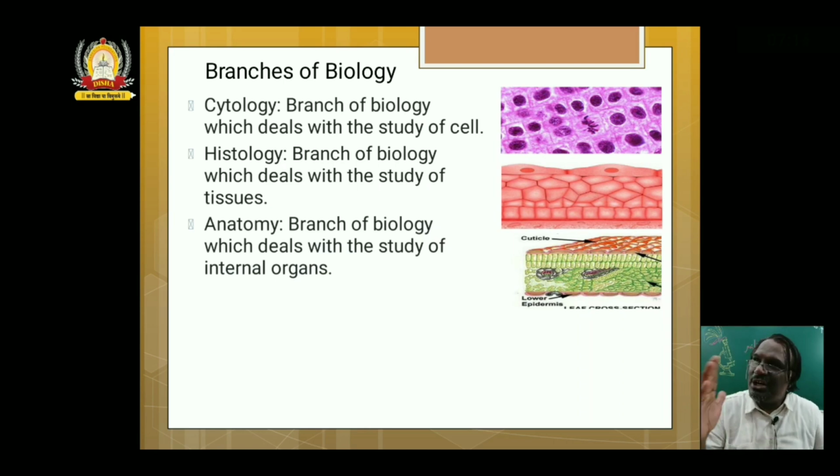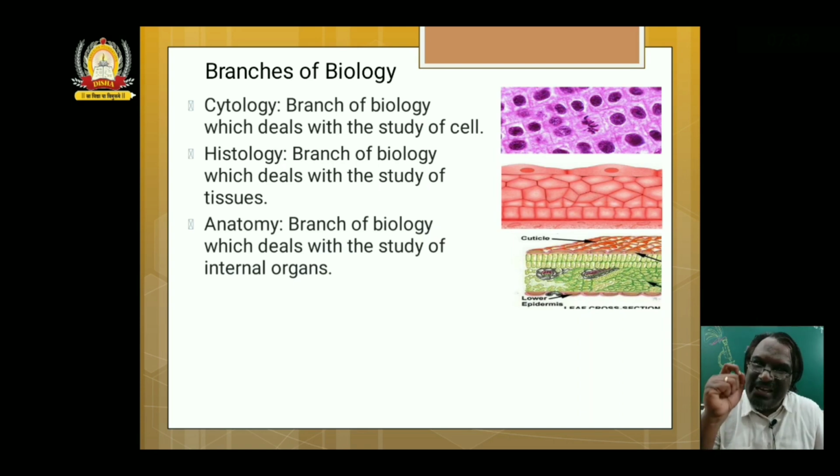They have external organs like root, stem, leaf, flower, fruit, seeds. But inside they do not have any organs. There is only arrangement of different types of tissue in a different pattern.